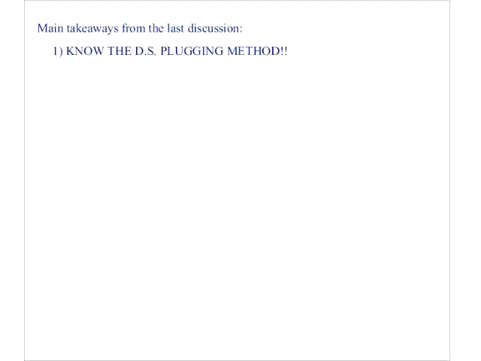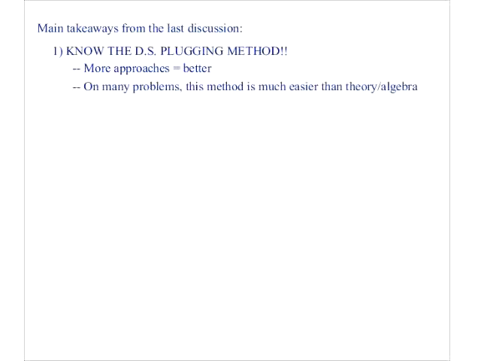The more approaches, the better. On many problems, certainly not all of them, this method is much easier than theory or algebra. And on some problems, this method is the only way to solve. Some problems you actually have to just list things and plug.